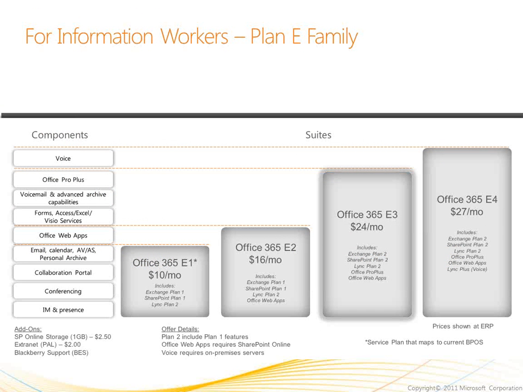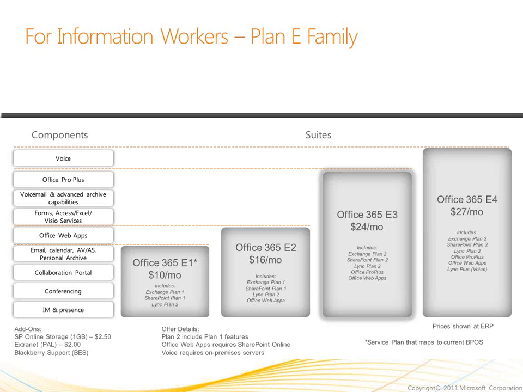So this is the Enterprise E plan family. We have E1, 2, 3, and 4, and each one gets more expensive, but it gives you a lot more features, basically. I get people looking at all four, frankly, depending on what you want.